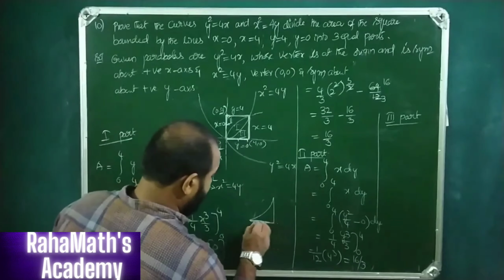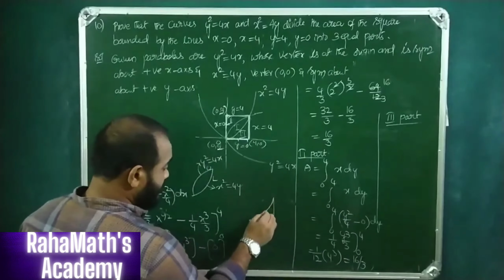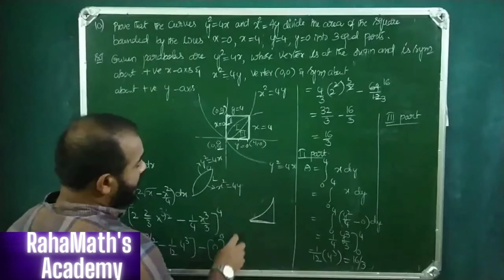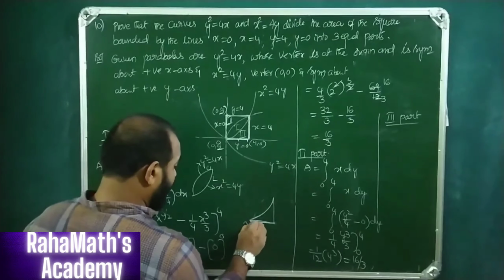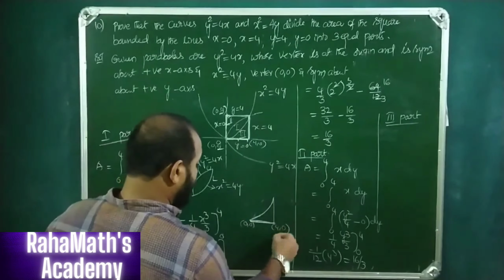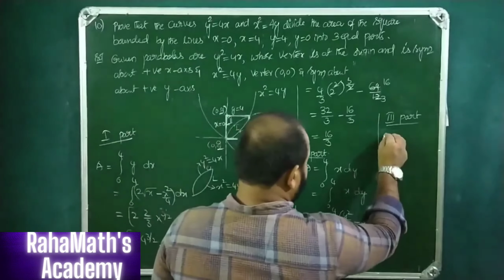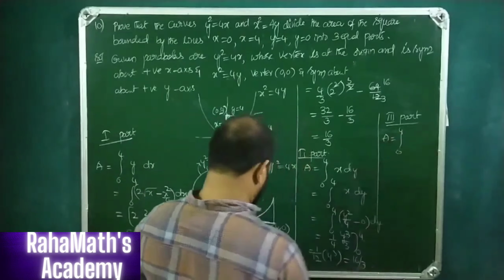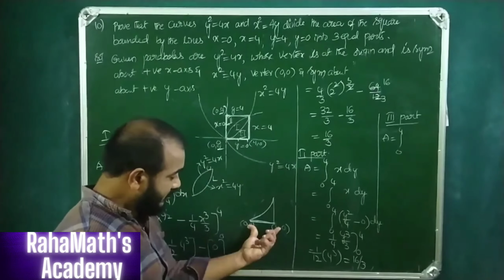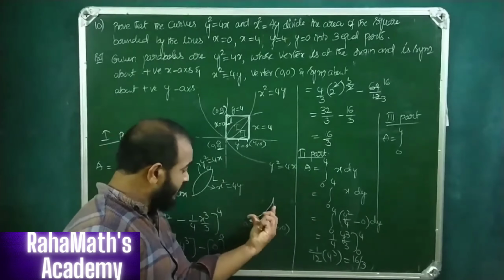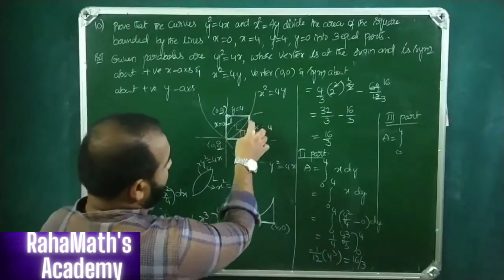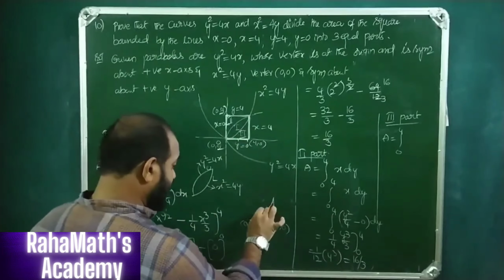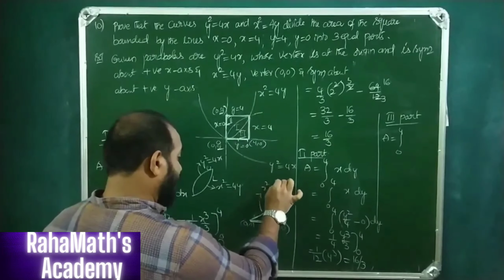So this is the line and this is the curve. So from 0 to 4, this is (0, 0), this is (4, 0). So area is equal to 0 to 4. With respect to the x-axis, the upper curve is this. This is the part of x square equals to 4y.